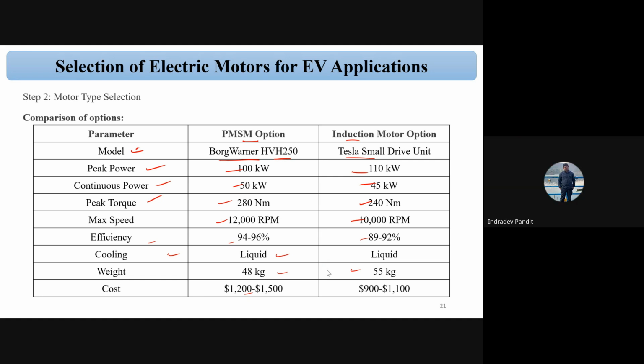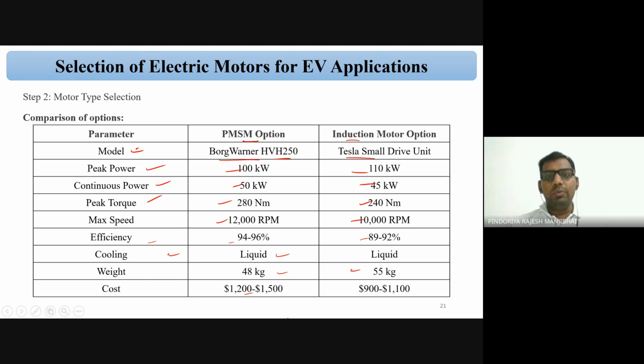Induction motor, sir. Which one? Induction. Based on your opinion, maybe the induction. Yes. Any other opinion? Yes, from any other student? Yes, Sanjeev. Yes, sir. Which type of motor do you select?